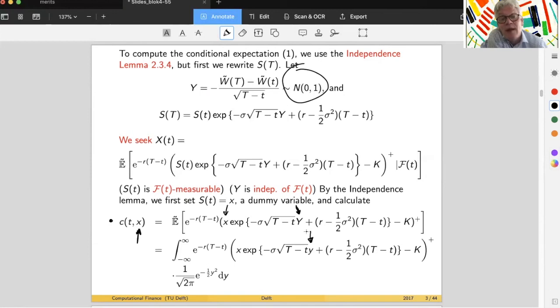So capital Y gets a little y, plus r minus 1/2 sigma square capital T minus t, minus k, the maximum of this and 0, times the standard normal density function, 1 divided by the square root of 2 pi, e to the power minus 1/2 y squared, dy.